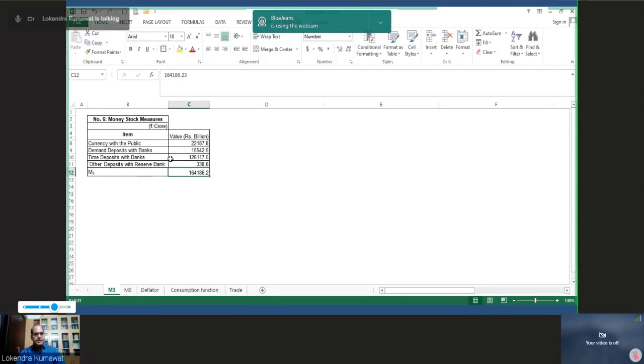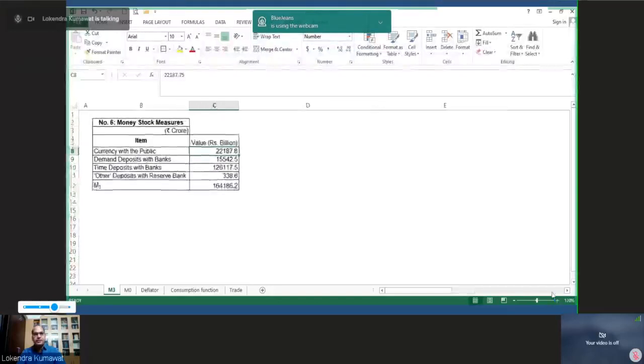These data I have taken from the RBI publication, and these pertain to some week in the middle of March last month. We are given these data. The data currency with the public is equal to this, 22187. Let me enlarge it. I hope now it is clearer.